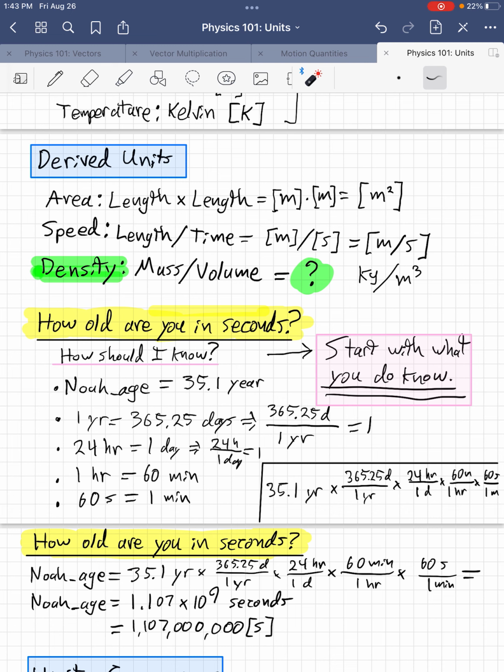And so now we can think, okay, what about how many hours in a day, right? 24 hours in a day, so 24 hours over 1 day is also equal to 1. 1 hour is 60 minutes, and we have 60 seconds is equal to 1 minute. All right, so then we have our answer in years that I'm 35.1 years old.